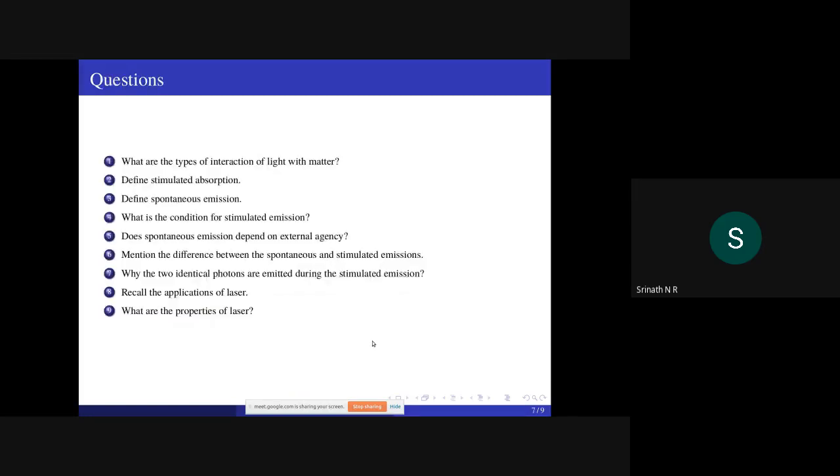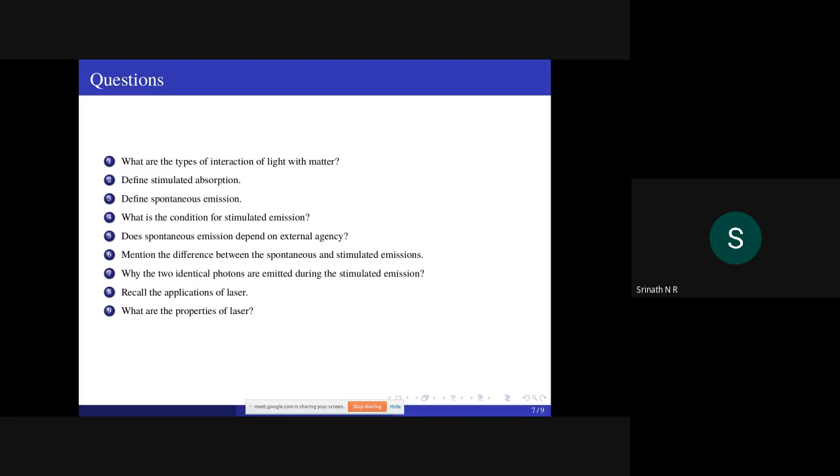And finally, possible questions. What are the types of interaction of light with matter? As we discussed, it is stimulated absorption, spontaneous emission, and stimulated emission. Define stimulated absorption. As we mentioned in the previous slide, the atom, initially in the ground state, absorbs energy from the external photon and is promoted to a higher energy level.